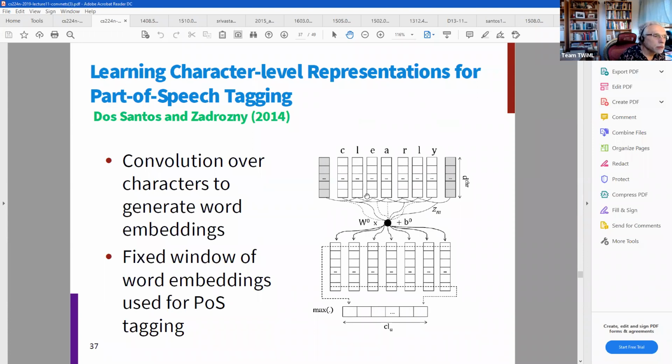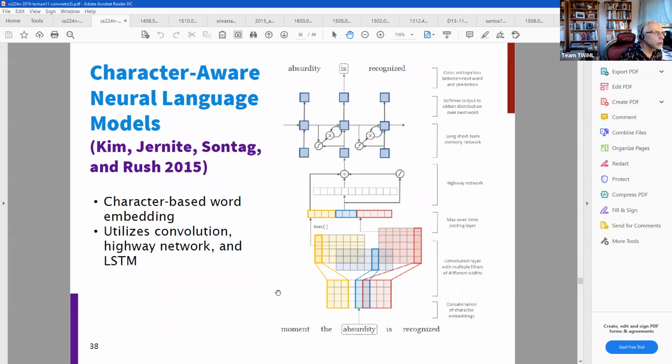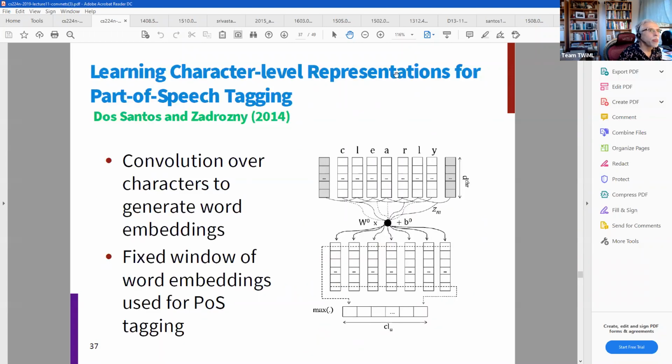I guess these little things must mean the convolutions, and then the outputs are the encodings. Once you have the encodings, you take maximum pooling and you get your final output. I don't know what this CLU is. So that's this paper.